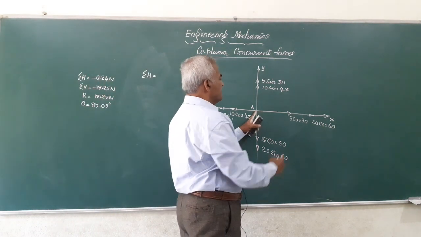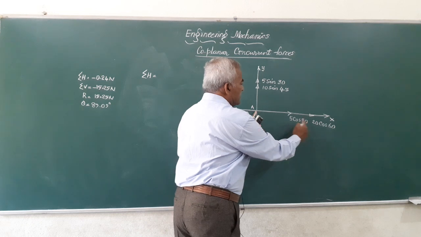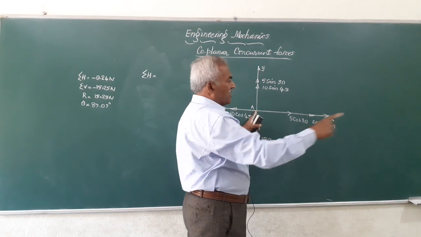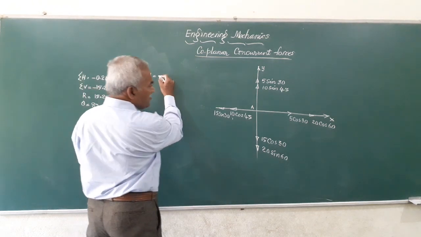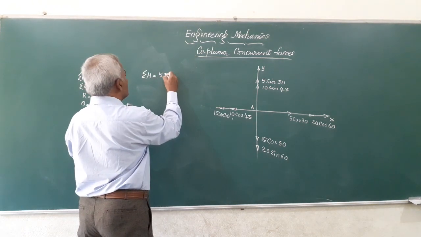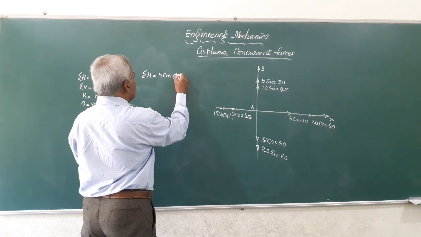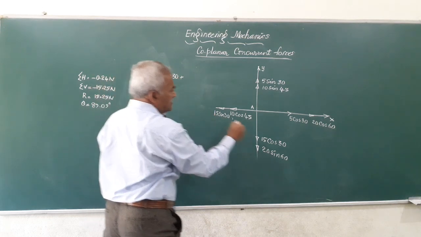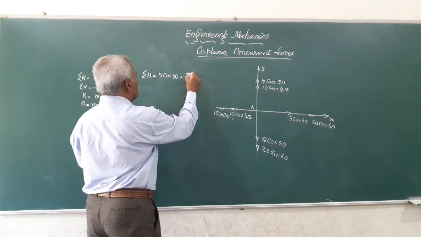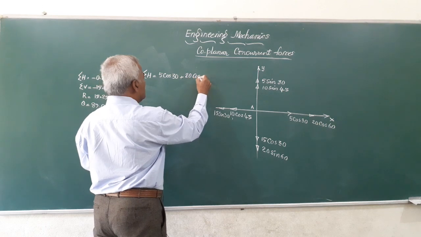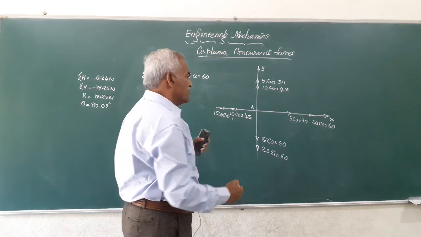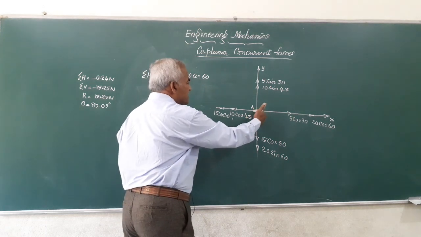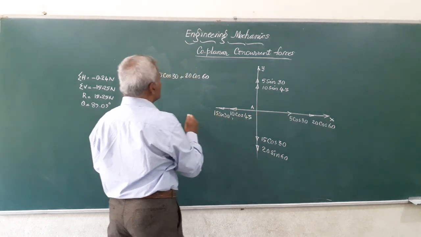If you take this as the reference, 5 cos 30 plus 20 cos 60, they are acting in the x direction positive. So, this is 5 cos 30 plus 20 cos 60, they are acting to the right. So, we will take it as positive. Whereas in the same axis in the negative direction, these two forces are there.